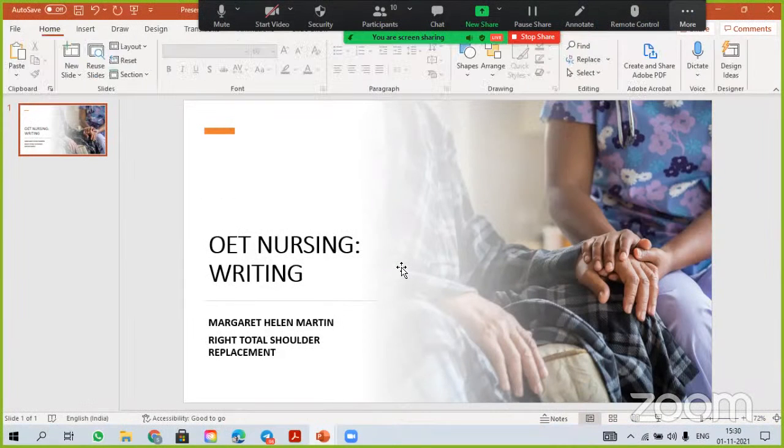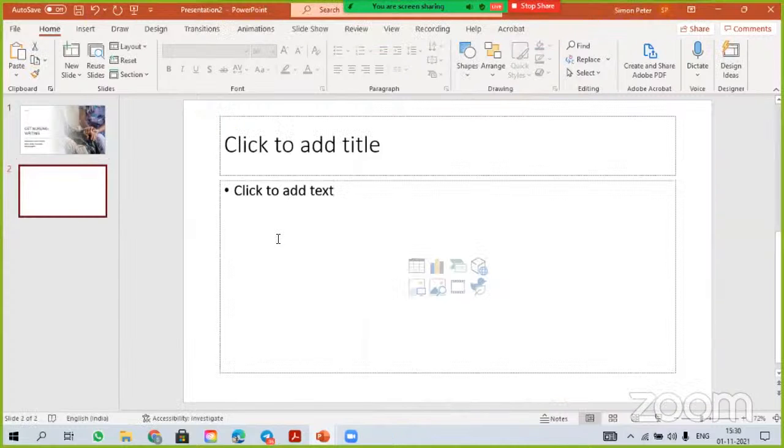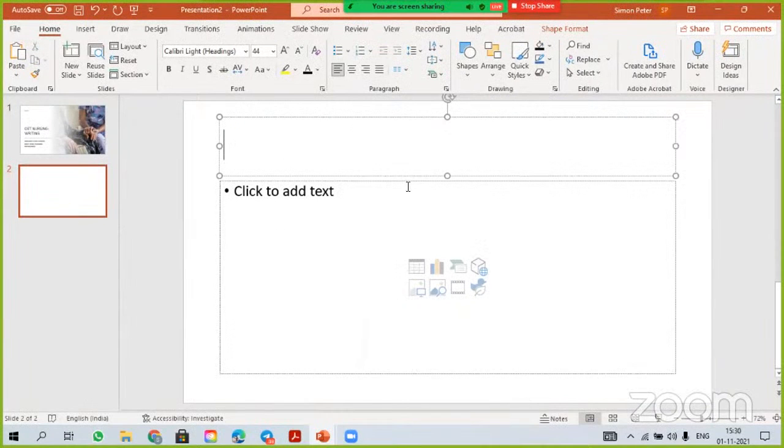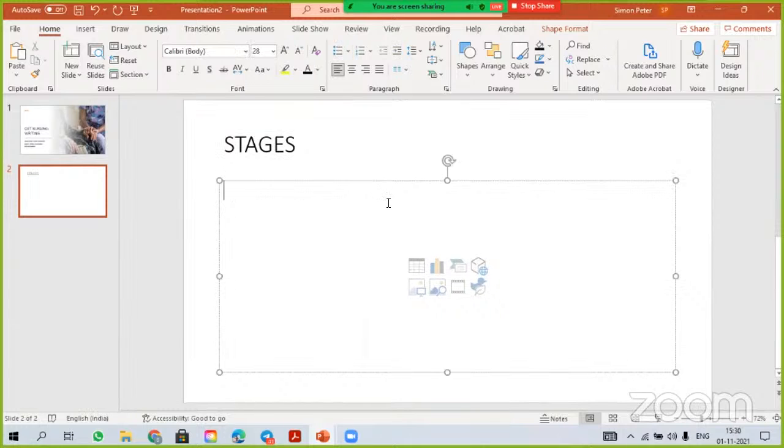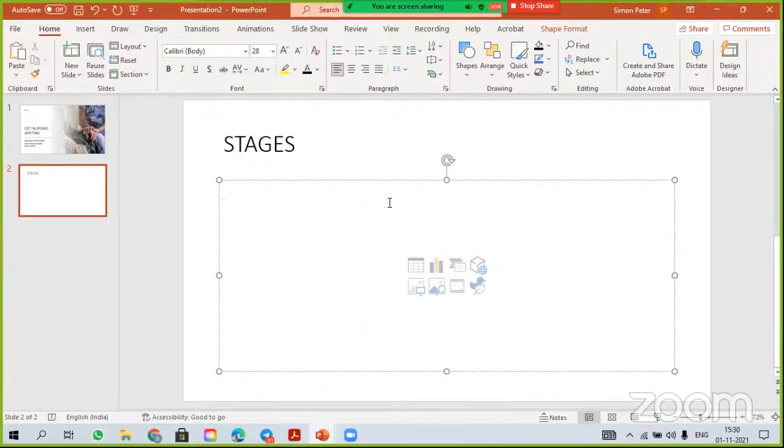Right. Now there are different stages. What are the different stages? You can start with signs and symptoms.